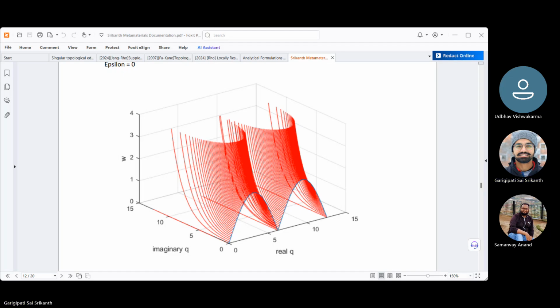So yeah, if you have a look at this, you see on the plane real q and imaginary q. Typically, we only plot the real q, and you see the blue lines. That is the dispersion curve that we typically plot, right?